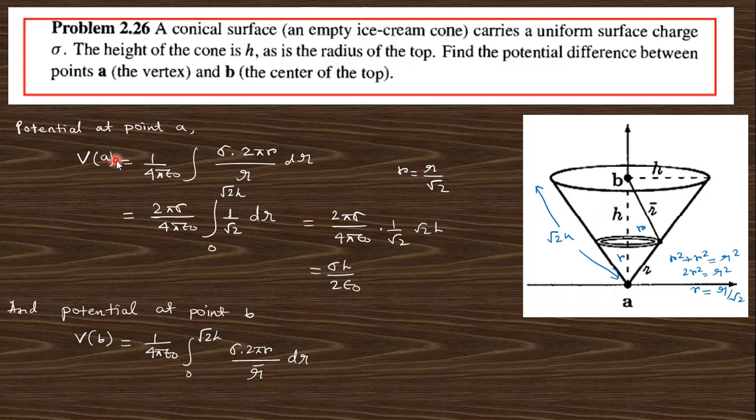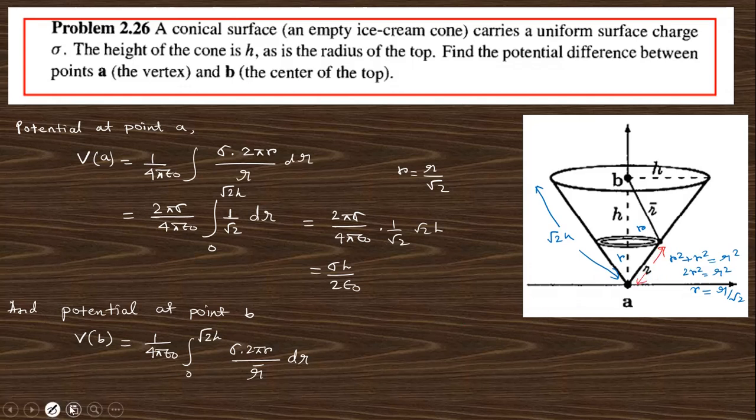So at first, for point A, if we take a circular strip within this cone at a distance r, this will also be r, because these are the same. So this is r, this is r, and take this slant length as curly r up to that region.